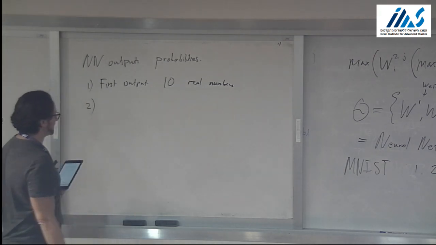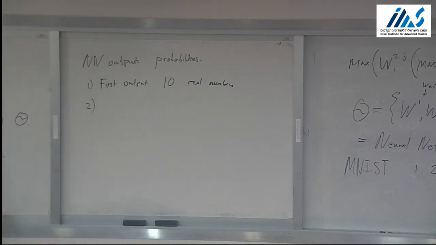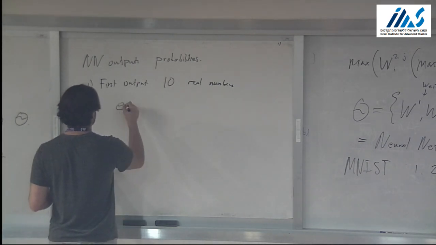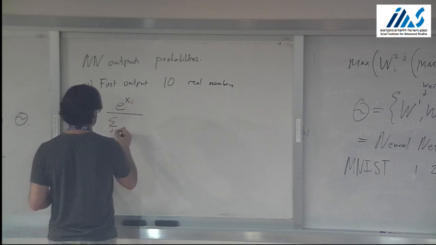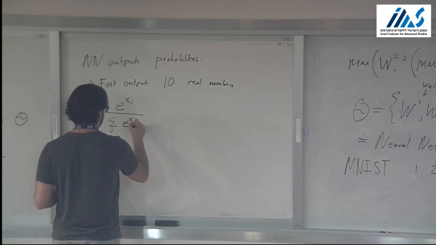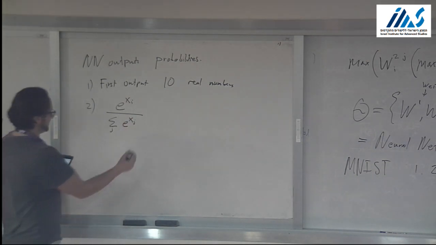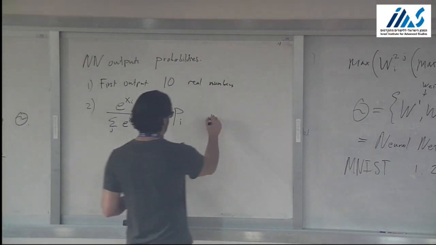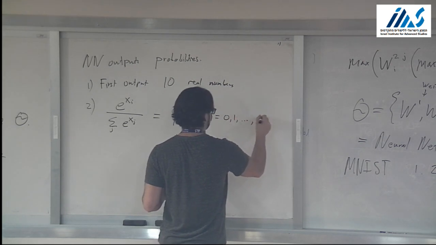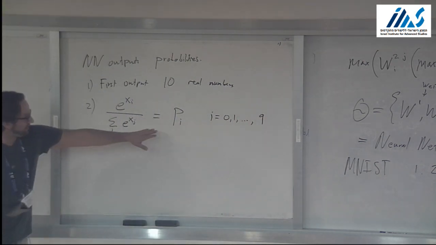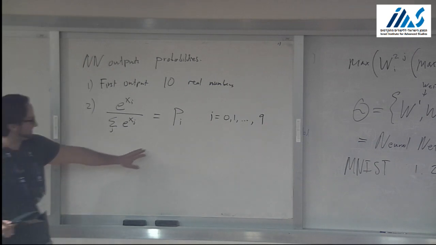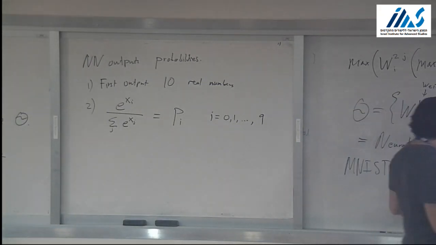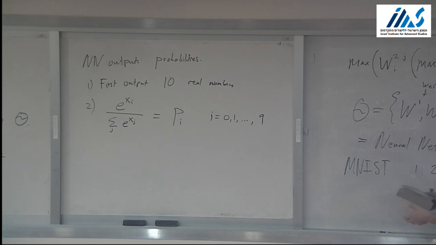And then the second step can be, given 10 real numbers, there's an easy way of making those 10 real numbers into a probability, which is I can compute e to the xi divided by the sum over j of e to the xj. And this I can call my probability pi. So here i is, say, 0, 1, ..., 9. And my pi is the probability that the image I'm looking at is one of the digits from 0 to 9.